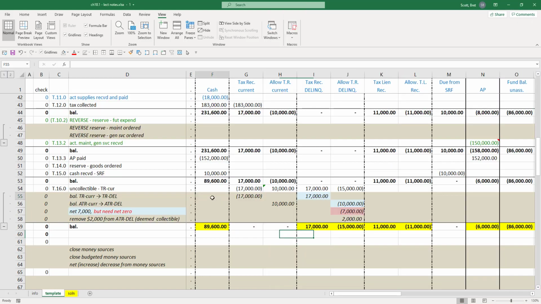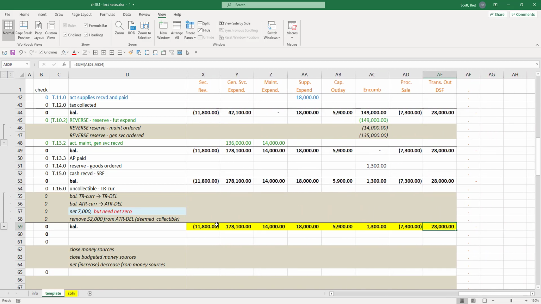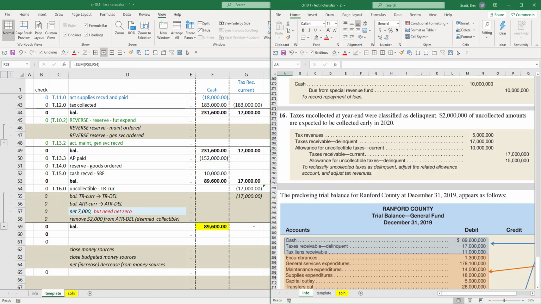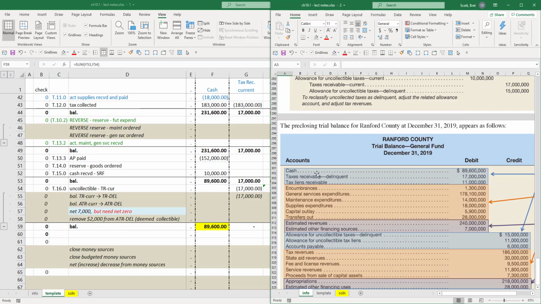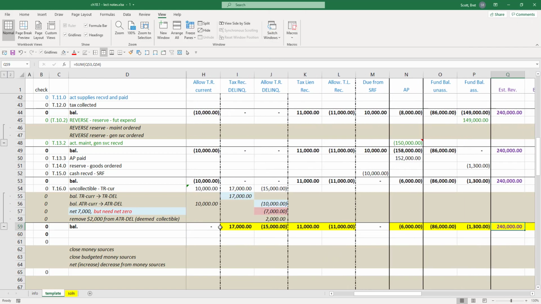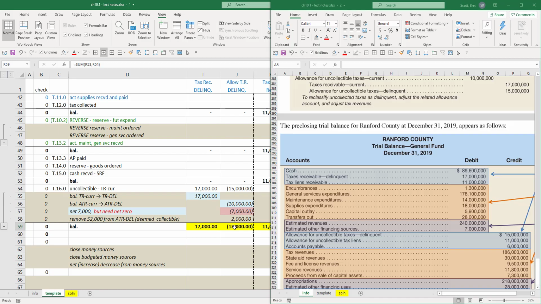Boom. Okay, so now we've got ourselves some nice little balances here. Go all the way across. All this stuff in yellow should be appropriate, should be correct. And we can double check this by looking at, guess what? They provide us a trial balance. Cash should be 89.6 million. Hey, look, 89.6 million. The tax receivable delinquent should be 17, and allowance should be 15.